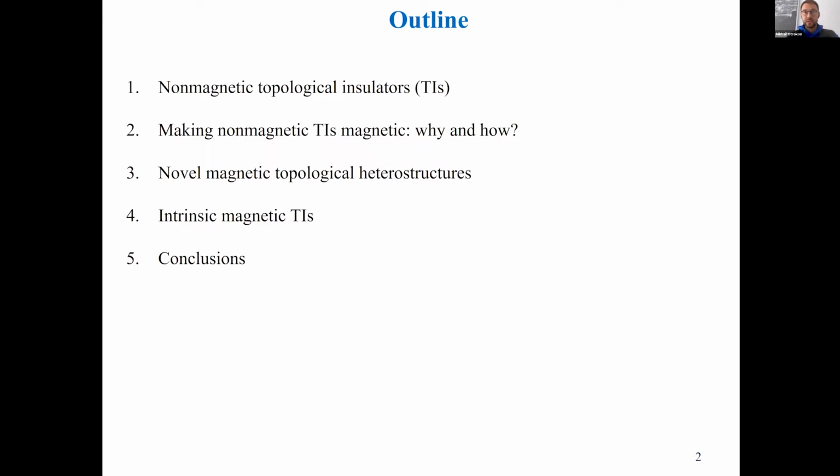In the next large part of my talk, I will present the recent interesting results on novel magnetic heterostructures and explain why it is interesting. And before I conclude, I will also present the part about intrinsic magnetic topological insulators, materials that combine both magnetism and non-trivial topology intrinsically. So let's start.